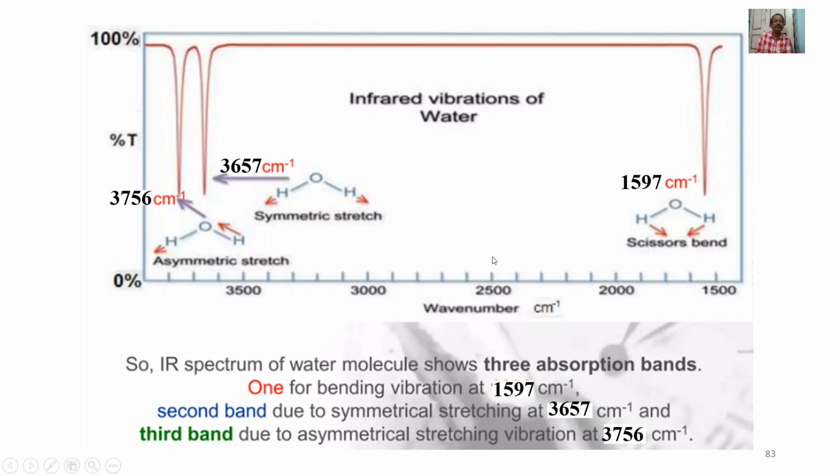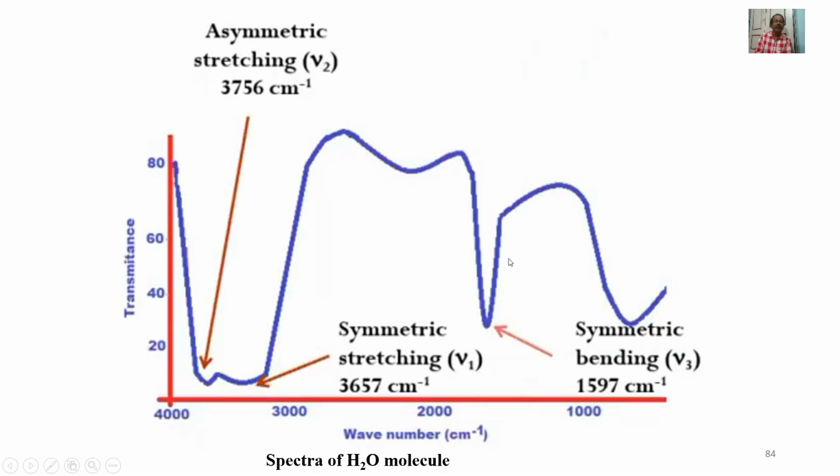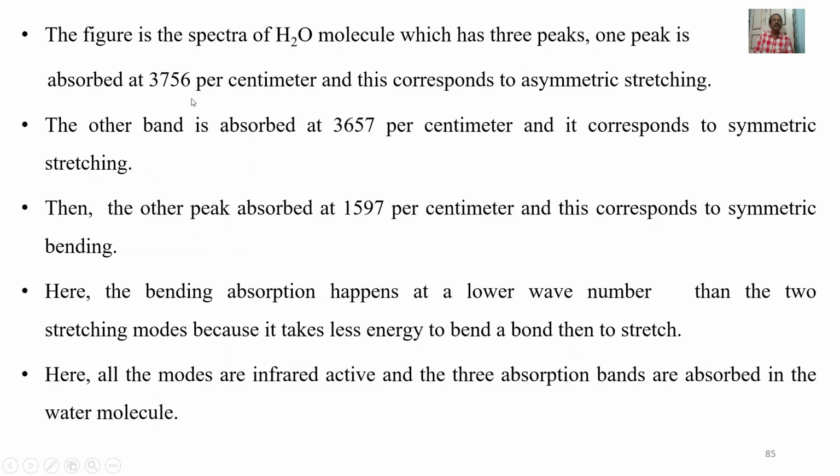And here the same picture has been drawn. The highest band is observed for asymmetrical stretching, the second highest is symmetrical stretching at 3657 per centimeter, and the lowest is symmetrical bending. The figure is the spectrum of the H2O molecule, which has three peaks.